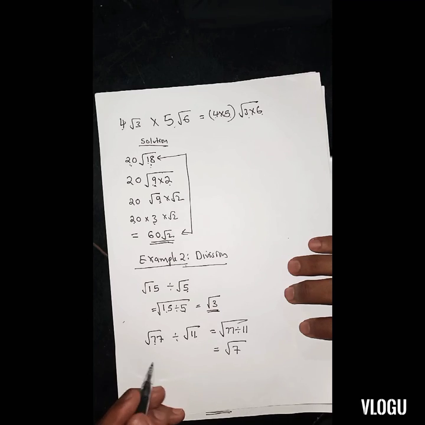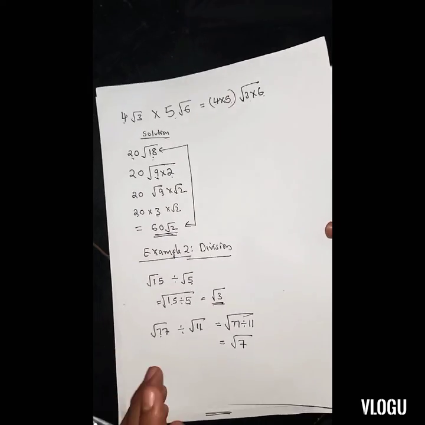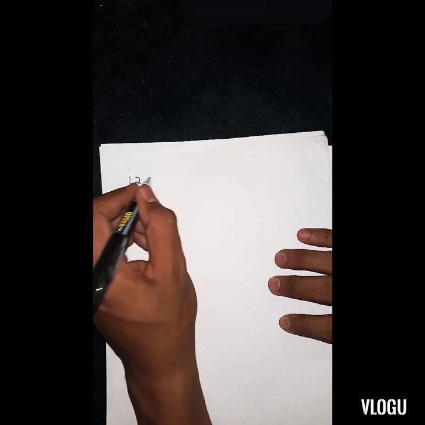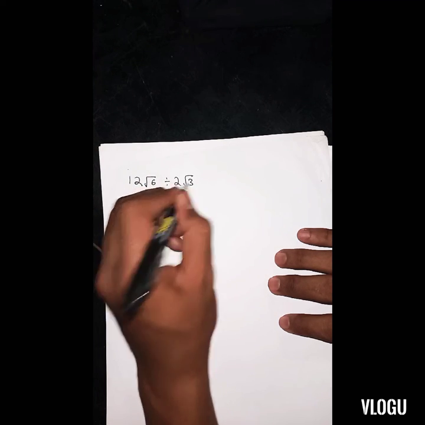I hope that one is not much tricky. Now let's go to trickier examples. Let's say mixed surds this time round. Let's say you have 12 root 6 divided by 2 root 3.